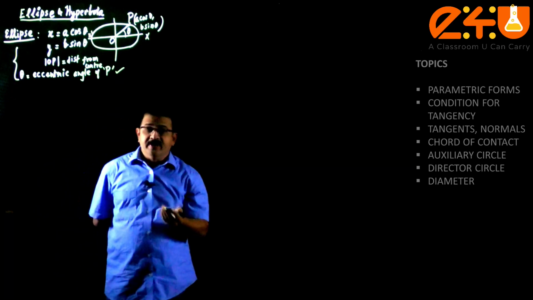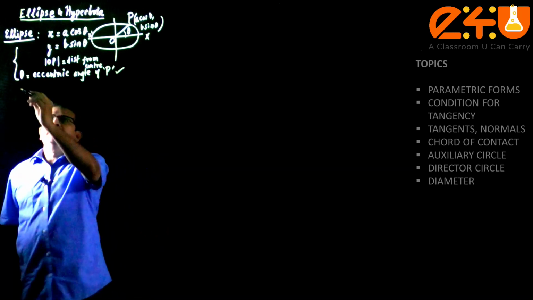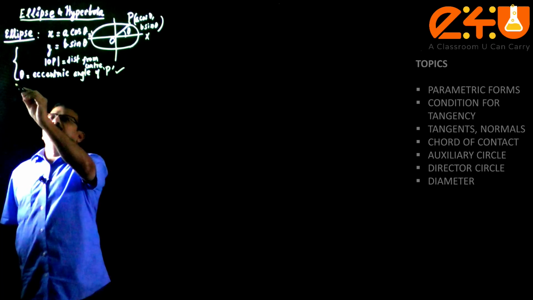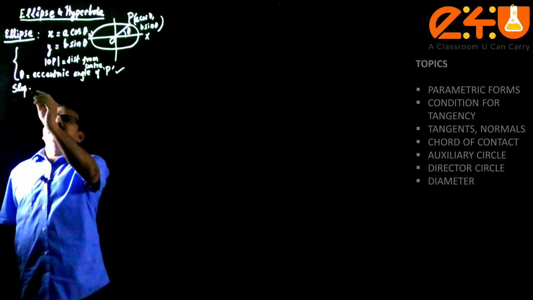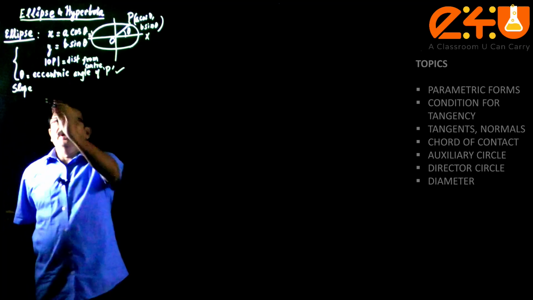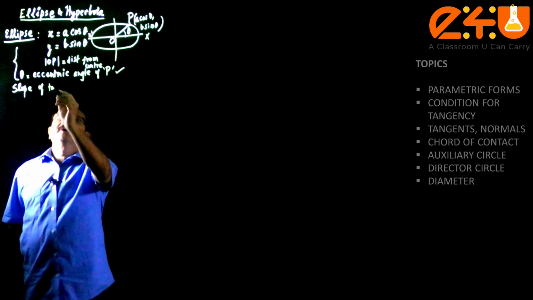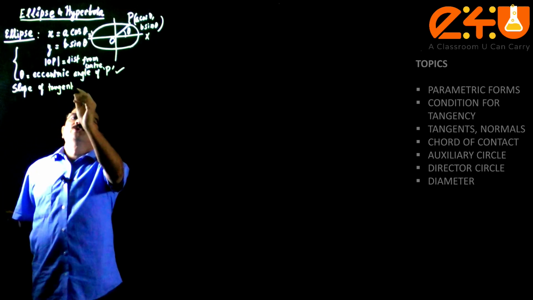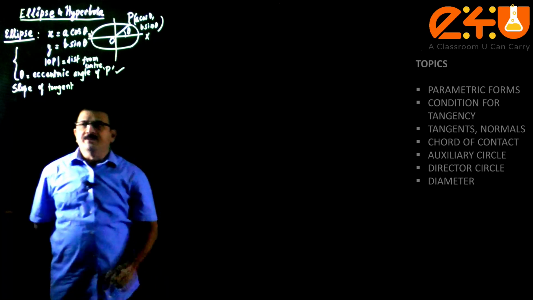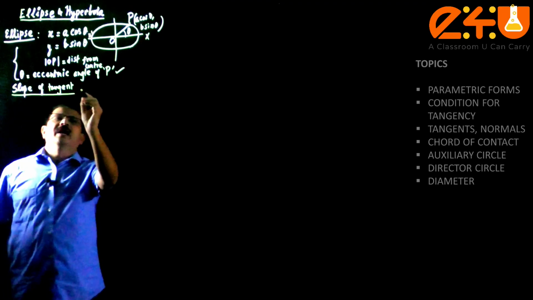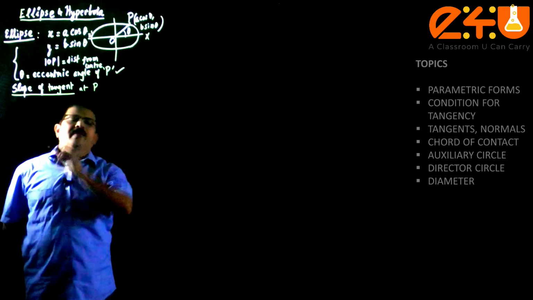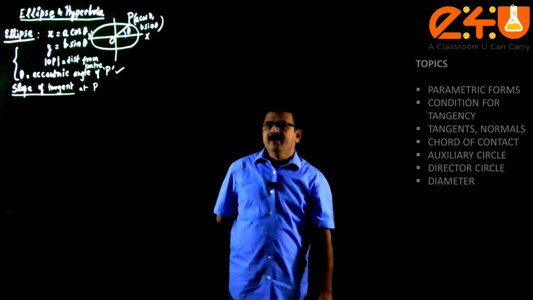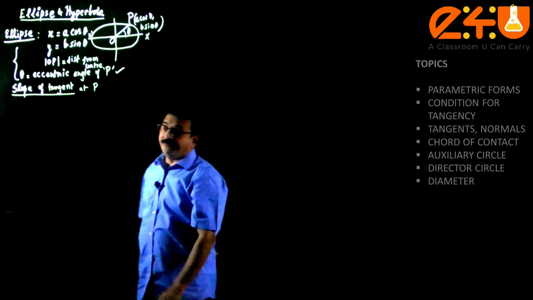It helps you in more than one way. See, in terms of parameter, we can define slowly. I am moving into the concept of tangent normal. The slope of tangent at that point P can also be given in terms of the parameter theta, that is the eccentric angle theta.